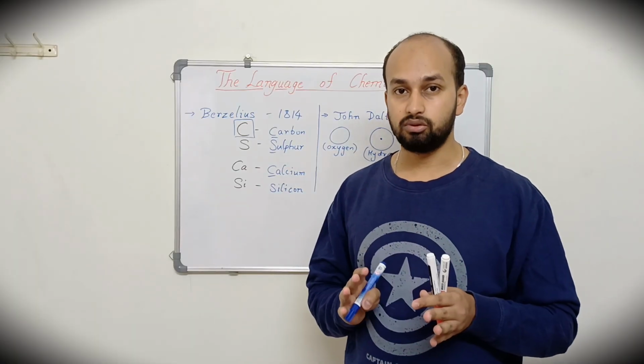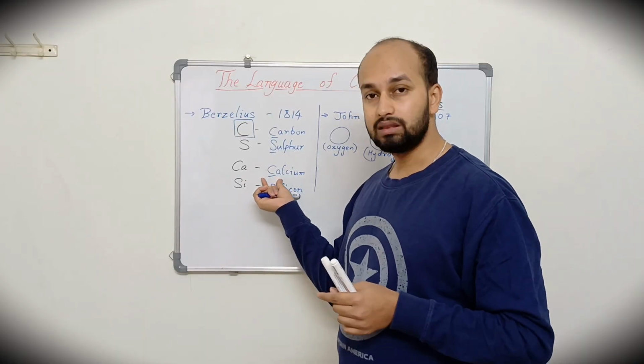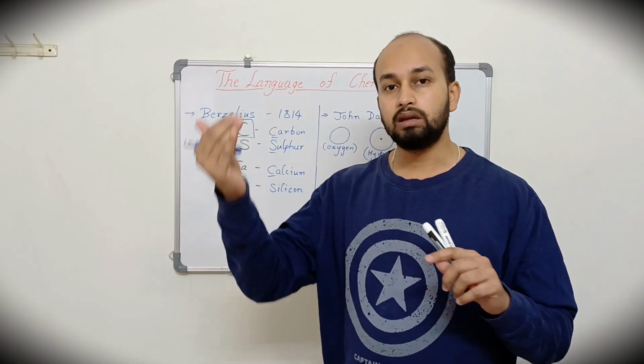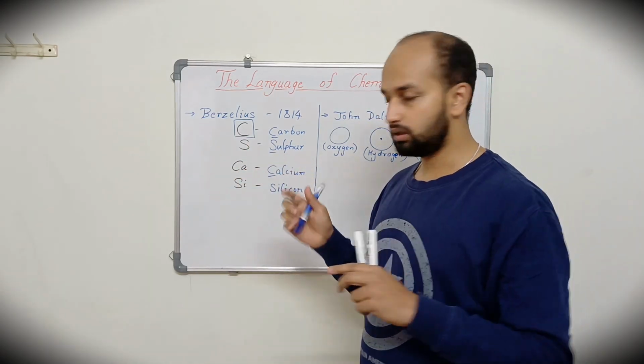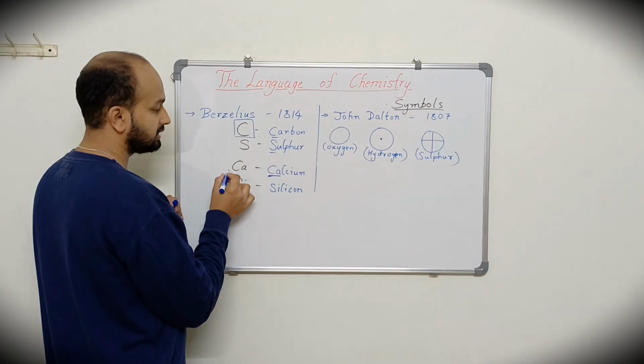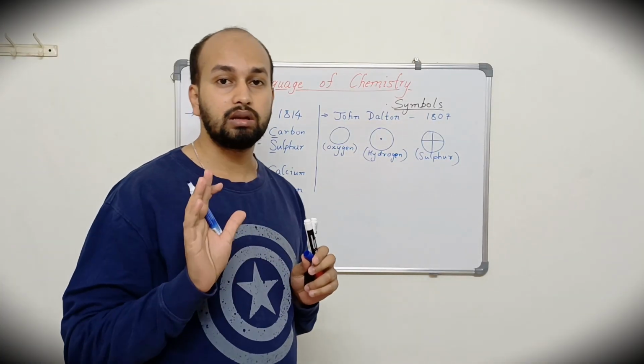Again, to avoid confusion, the idea was to take the first letter in uppercase, and any other letter in the word. For example, here the first two letters were considered as the symbol, which is capital C and small letter a.